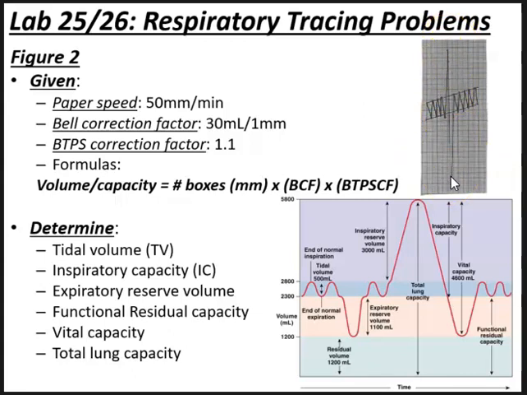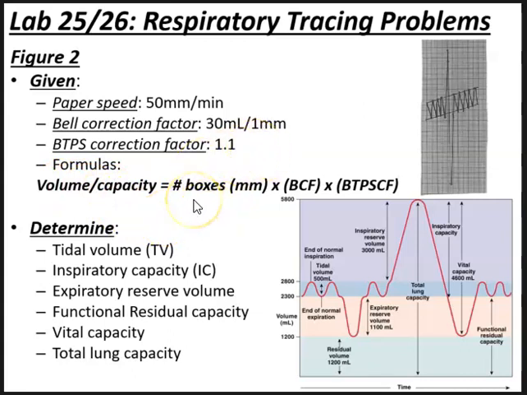Okay, and we used this tracing earlier to show that you can use big boxes to help you count the number of millimeters from the bottom of the capacity to the peak. And then we place that into, again, this volume capacity formula that we used earlier. So we have already counted the number of boxes earlier.